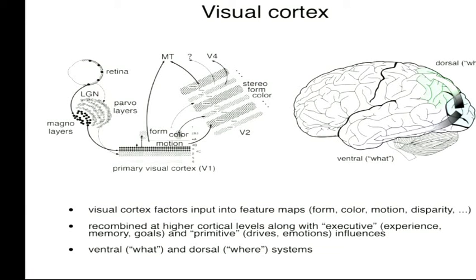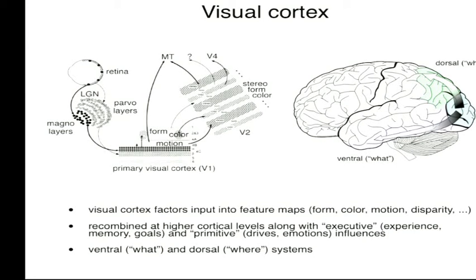Okay, so the high concept here is that the input is getting split into different maps that are coding different features, right? Motion, color, form, disparity, right? And then as you go from primary visual cortex into higher levels, these primary maps now get related to one another, okay?